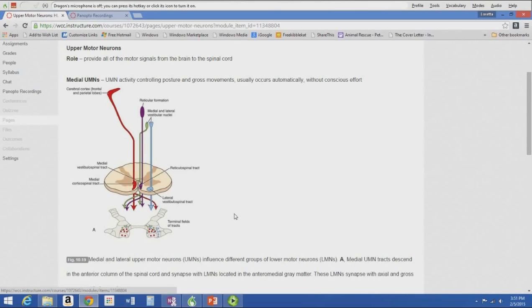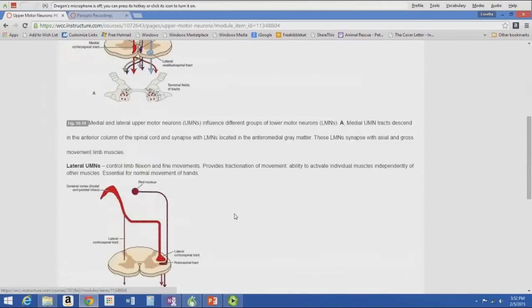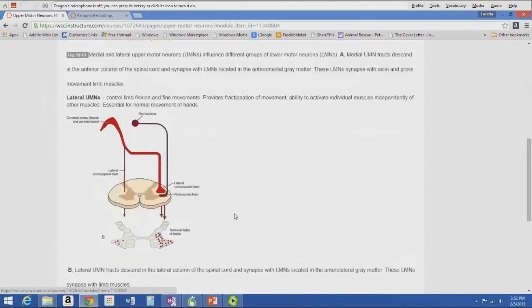The medial upper motor neurons control posture and gross movements, and that's usually occurring automatically. The lateral upper motor neurons control limb flexion and fine movements, and they provide fractionation of movements, and that is most of the voluntary movements in our body. So medial is the postural and the gross movements, lateral is the fine movements and the fractionation.